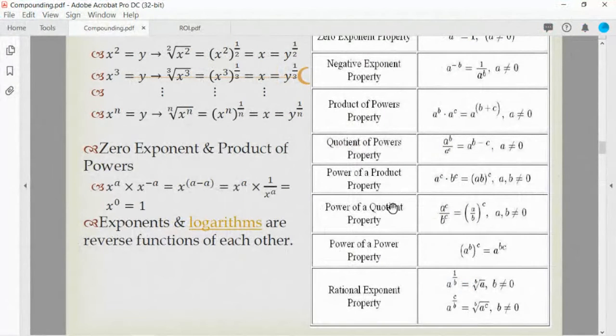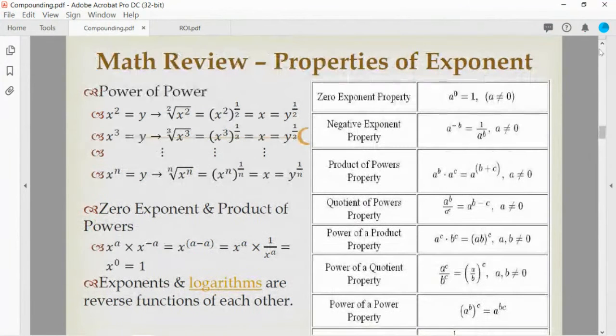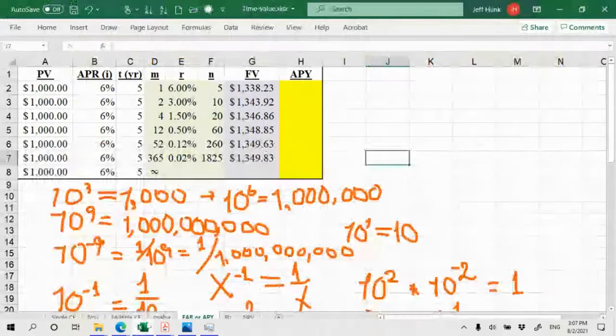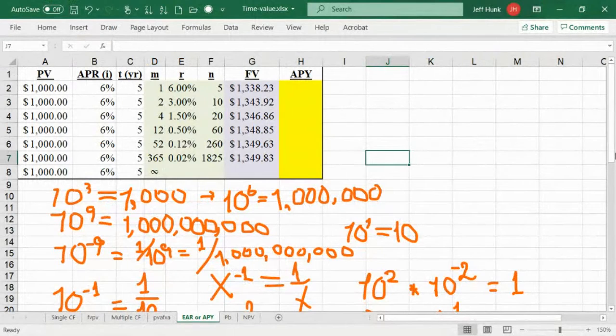So we had to take a look at the properties of exponents, right? That was the last thing we did. And I hope this would be enough to jostle your memory.